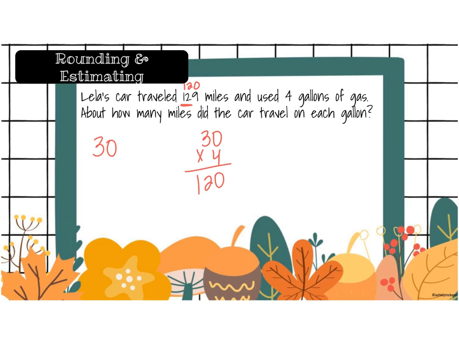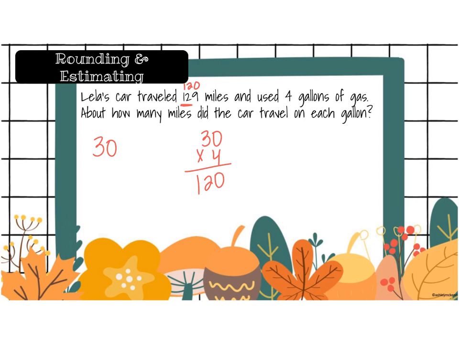Okay, so here's another way. I'm going to use a different color. If I were to round 129 to 120, I know that 120 can evenly divide by 4 to give me about 30. So that's option 1 in red.